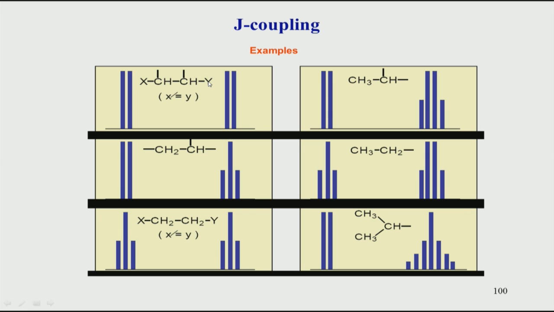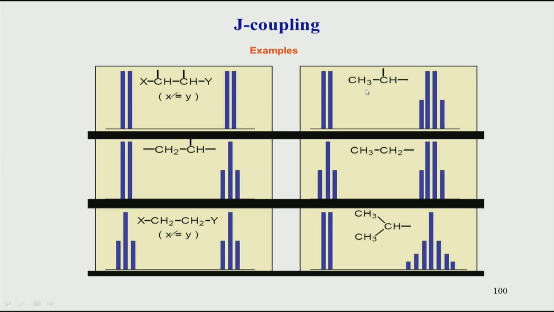Suppose x and y are not the same, which means that these 2 hydrogens are not equivalent. Therefore, this hydrogen will split this hydrogen peak into 2, and this hydrogen will split that hydrogen peak into 2. This is the example we saw in the previous slide. If you have H A and H B, then each will split the other, and this is what is shown here, that both of them give a doublet peak. So, both the hydrogens get split into 2 each.